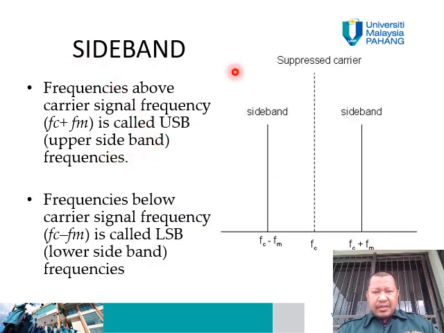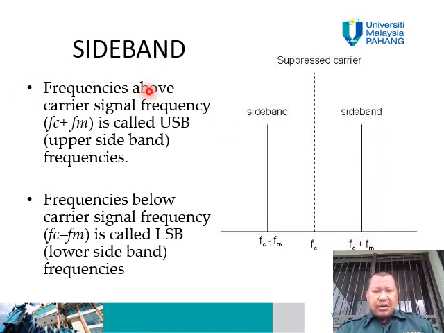Okay, sideband. This figure shows the sidebands. We can see here we have the carrier frequency Fc, and the lower frequency Fc minus Fm, which is also known as the lower sideband, and this is another sideband which is higher than the carrier frequency, known as the upper sideband.